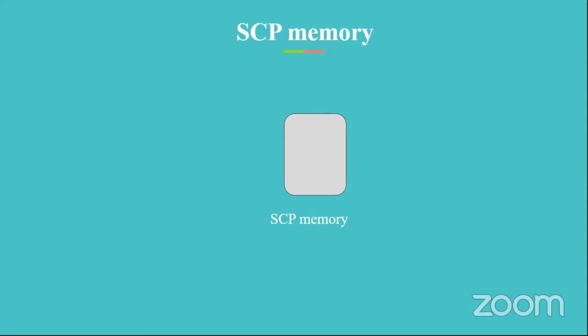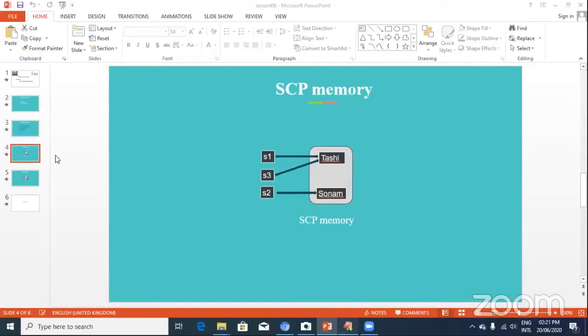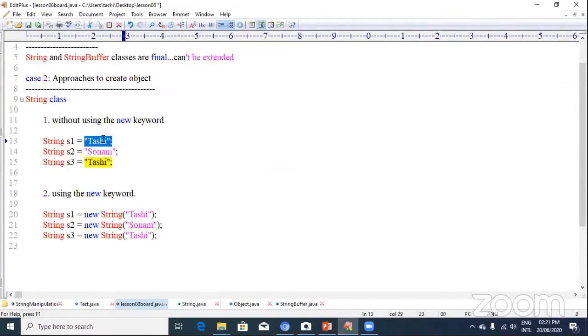Now let's say you are creating the string s1 object. String s1 is equal to Tashi, string s2 is equal to Sonam, string s3 is equal to Tashi. Now, how these objects are stored in the SCP memory, I'm going to show it here.